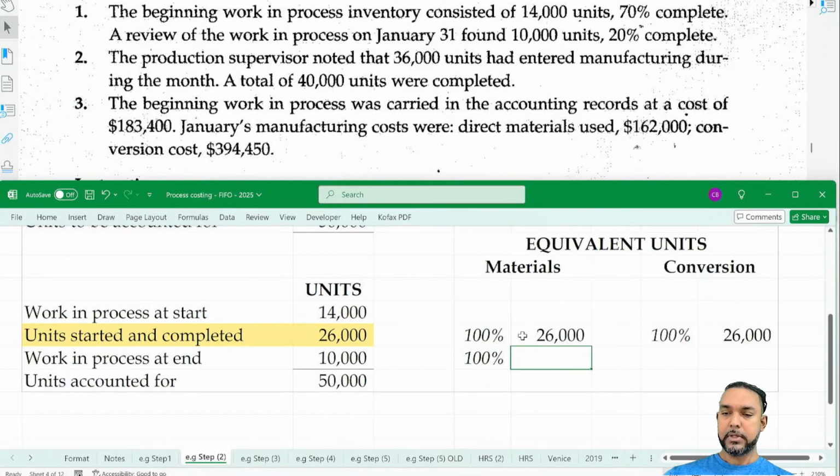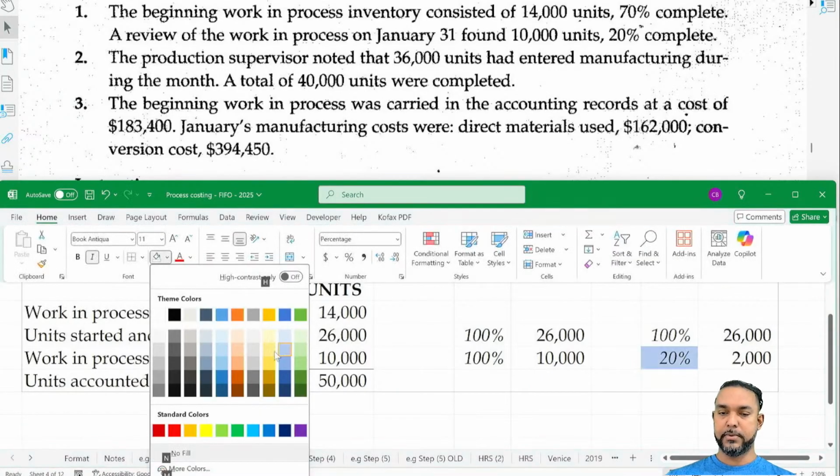So we're going to multiply 10,000 by 100%. But it's 20% complete with respect to conversion. So actually let me take this out because I'm going to put that here. We're going to multiply that. Let's put this after.